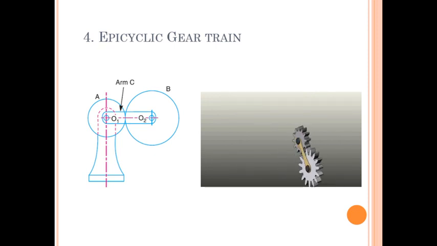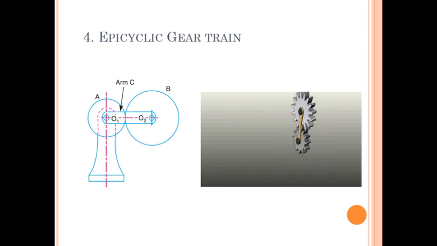The definition for this I can quote as: an epicyclic gear train is a gear train in which one gear can rotate around another gear. In animation we can say that gear B is rotating about itself as well as about another gear, gear A. This is because these two gear axes are connected by one arm.